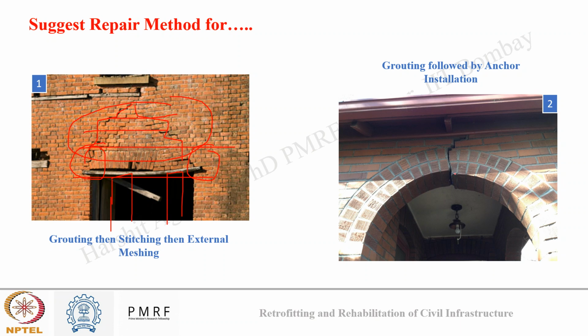And here you can see the arch masonry has undergone cracking. This can be due to ground settlement. So what you can do is grouting followed by anchor installation. You can grout this crack, and then go for an anchor installation to stabilize this arch again. So this can be a repair method that you can use in this case.